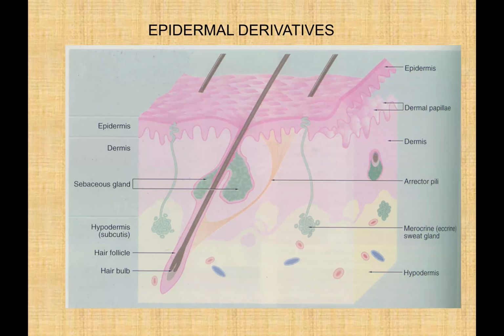So now let's look at the epidermal derivatives. When we say epidermal derivatives, what it means is that any structure that will come out of the skin is an epidermal derivative. So what epidermal derivatives can you think about? Who can tell me?